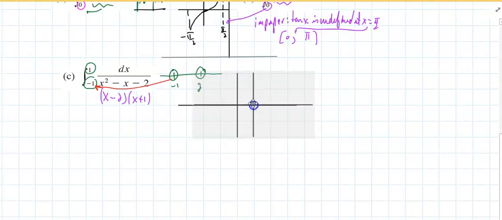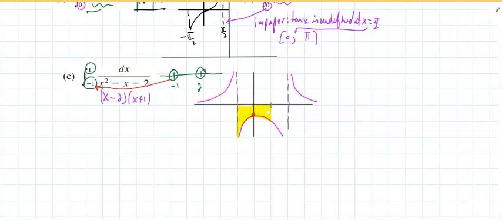If I was to look at a quick sketch of this, x equal -1, x equal 2, and at 0 I am at -1/2. So this graph looks like this. And you're trying to figure out the integral from -1 to 1.